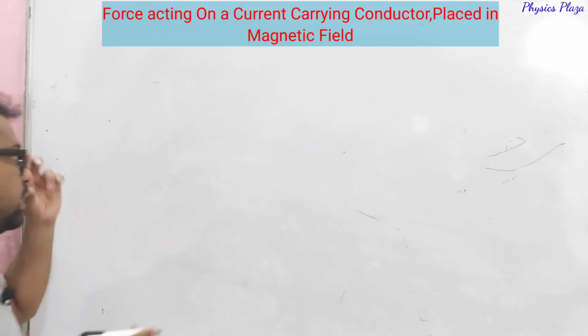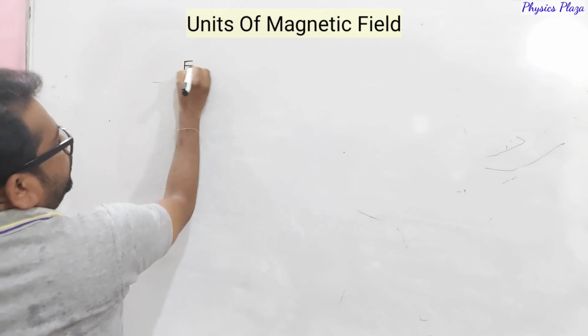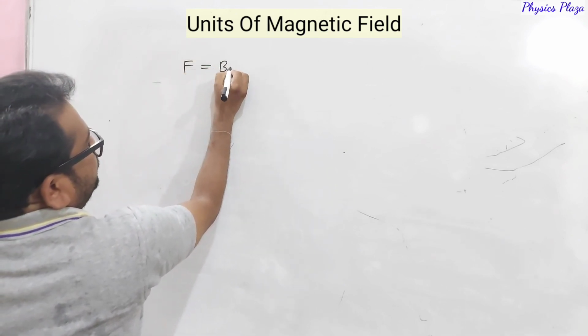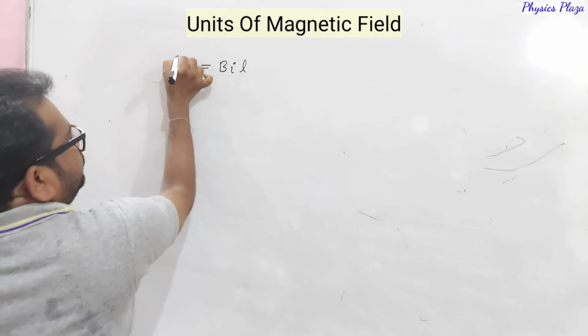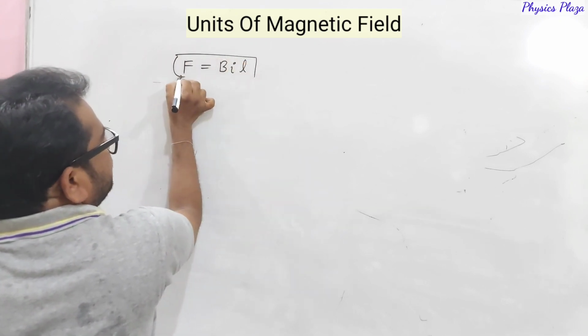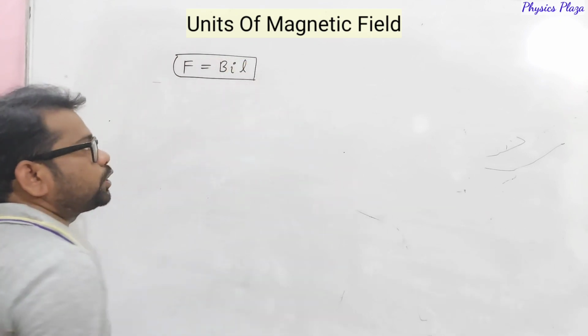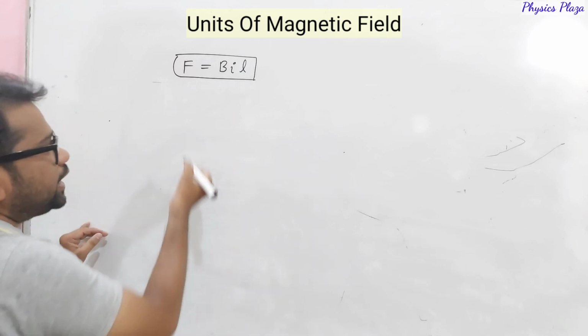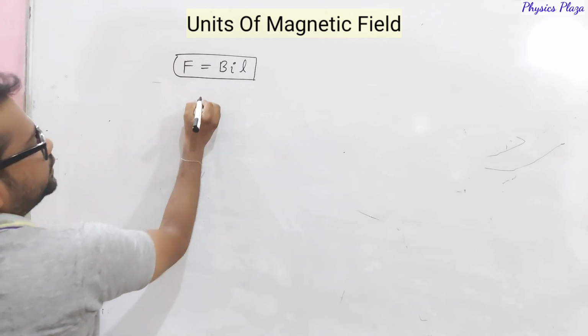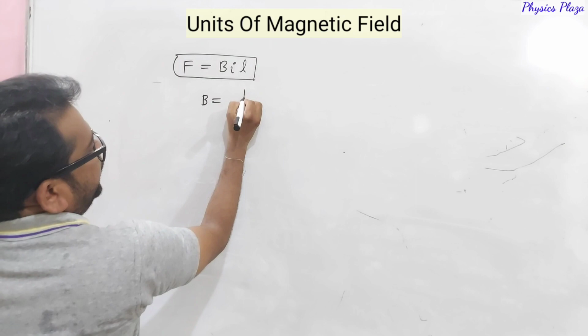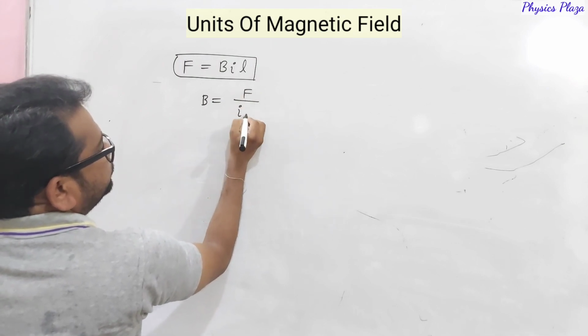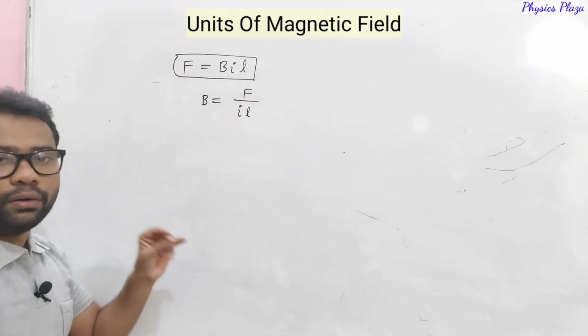Units of magnetic field. Children, the expression which we got, the maximum magnitude of force experienced by a current carrying conductor when it is introduced into the magnetic field, is F is equal to BIL. Let us make B the subject, that is B is equal to F by IL. Now let us see.